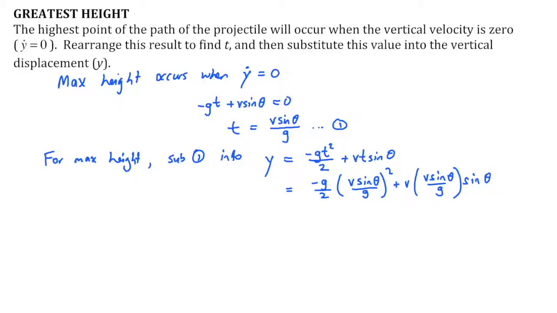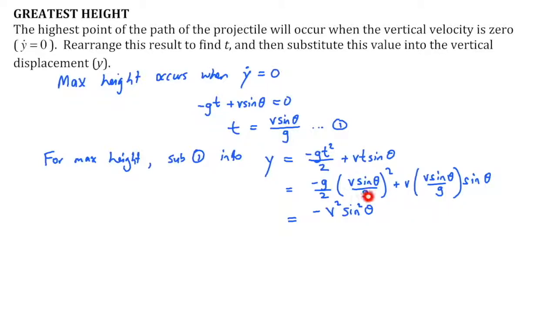Let's see what actually happens if we look at this. Now, when I look at this first part here, this is all being squared. So v, when I square, it's going to give me a v squared. I've got a minus out the front, so I'm going to have a minus v squared sine squared. What I haven't dealt with is this g, but I know there's a g on the bottom here.